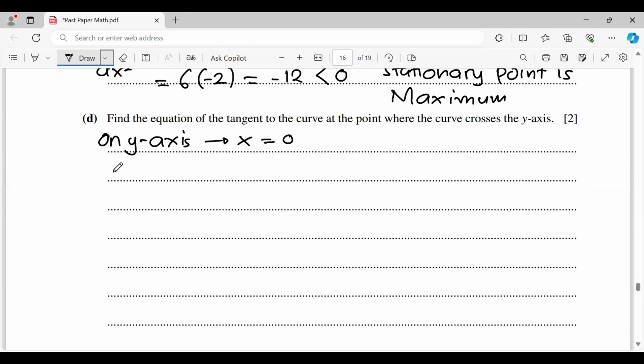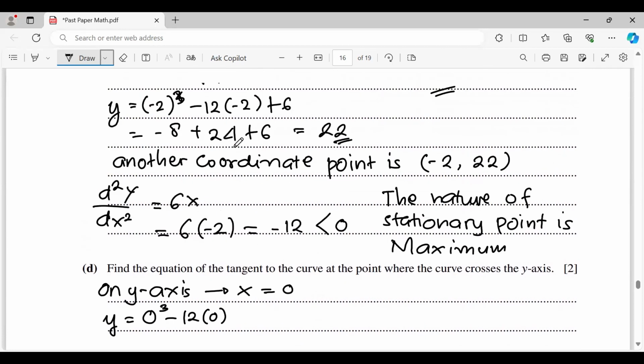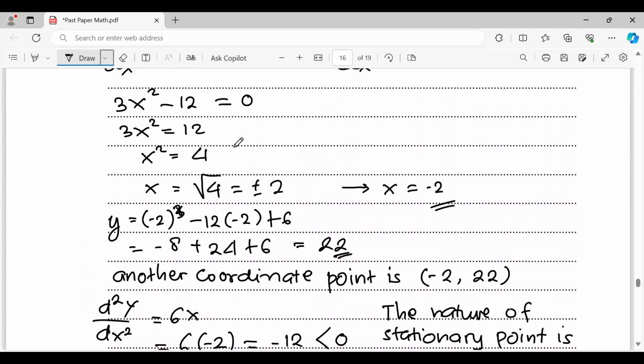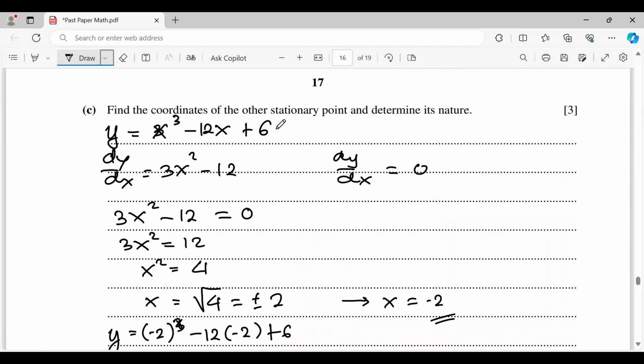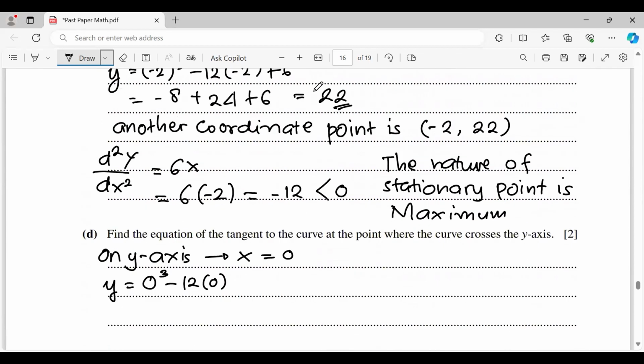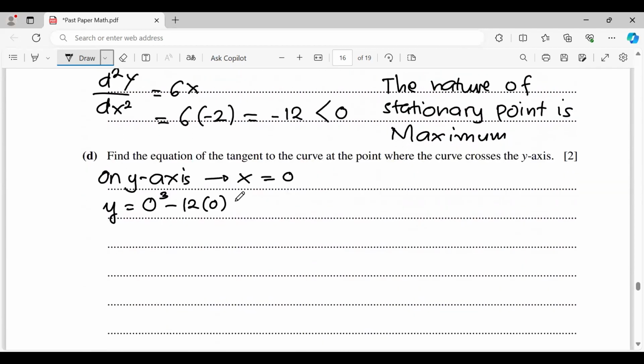If x equals 0, the curve equation will be 0 cubed minus 12 times 0 plus 6. So y equals 6.